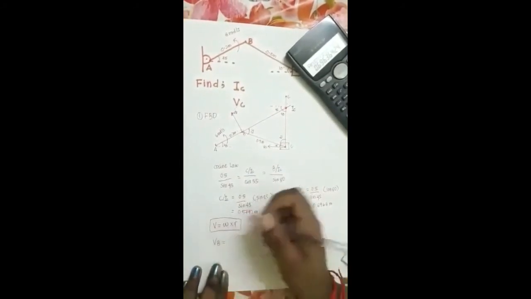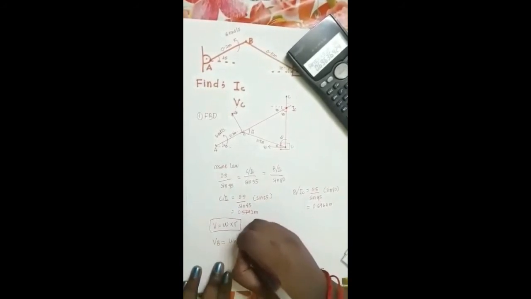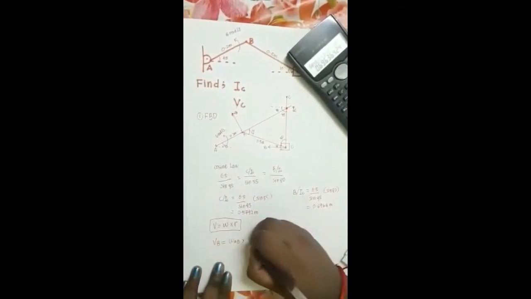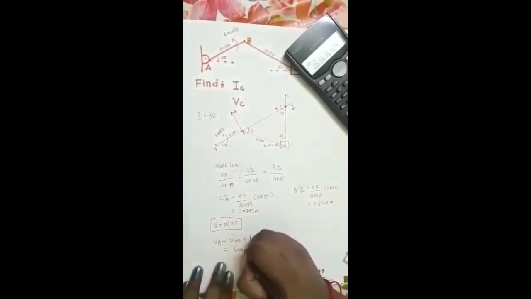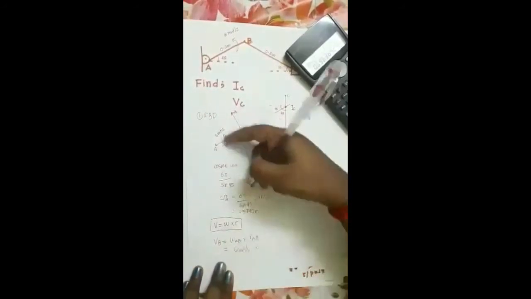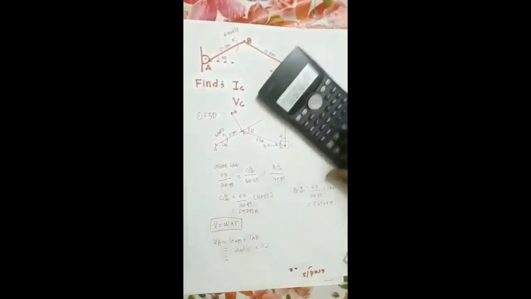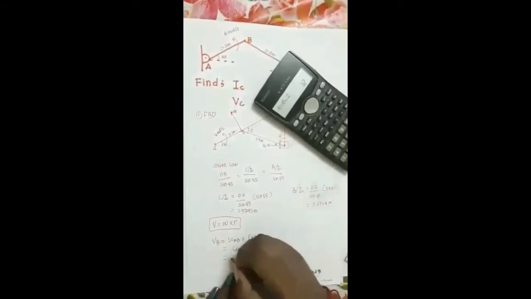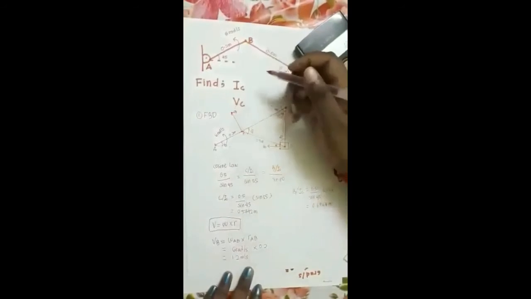VB equals to omega AB times with radius of RAB. Omega AB is 6 radian per second and RB is 0.2. 1.2 meter per second.